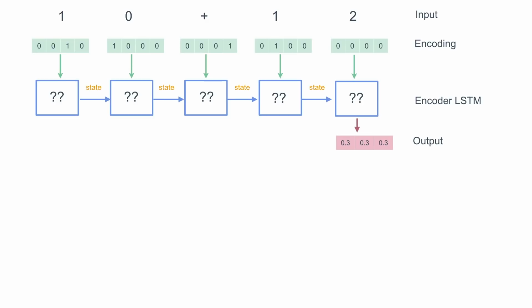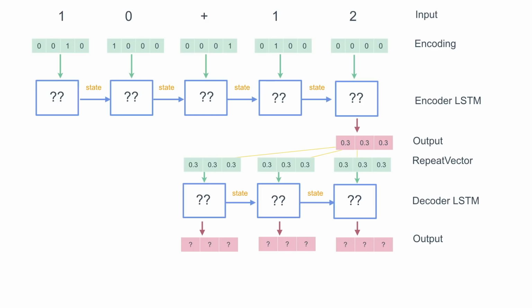And we're going to take that vector and we're going to do a layer we haven't seen before in Keras, which is called repeat vector, which basically takes that vector and uses it as input for every single step in the next layer in this network, which is another LSTM. And this is like our output LSTM. So this basically takes in a repeated vector as input, and then it tries to output a whole bunch of different numbers.